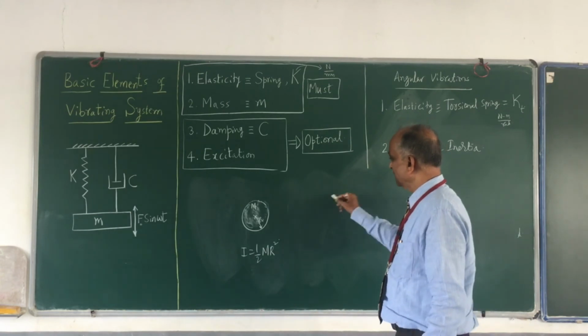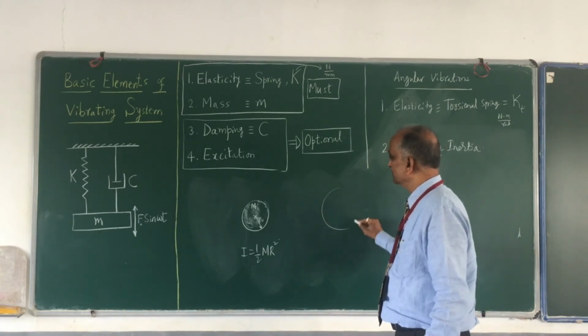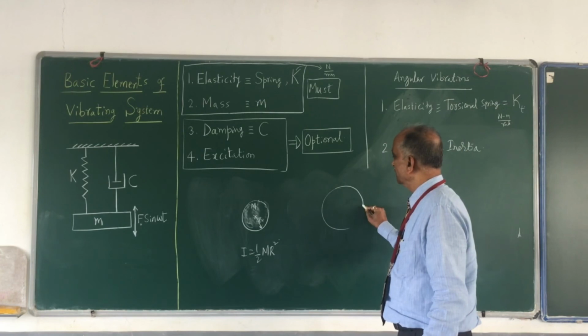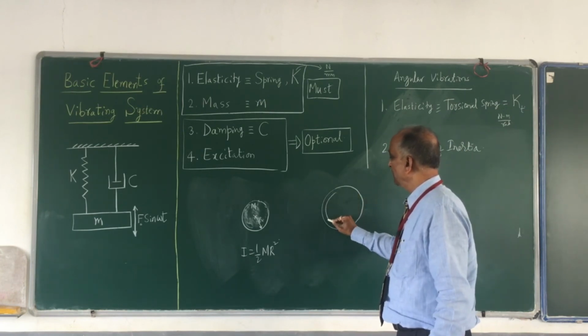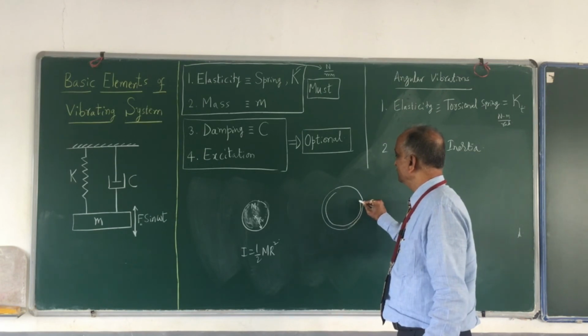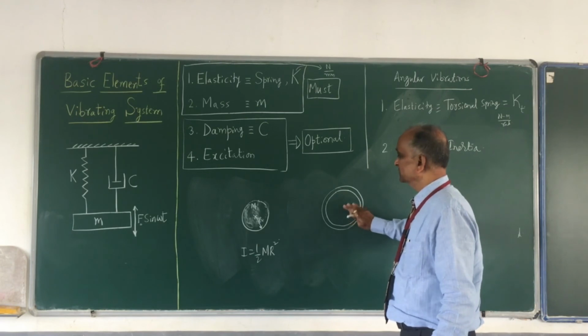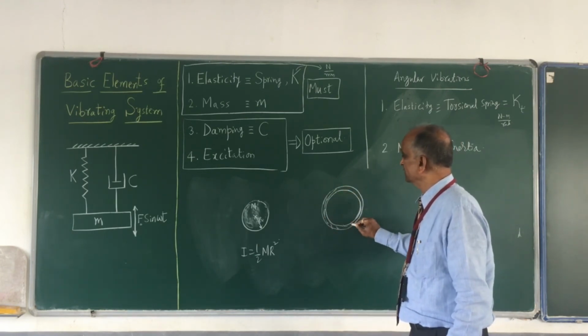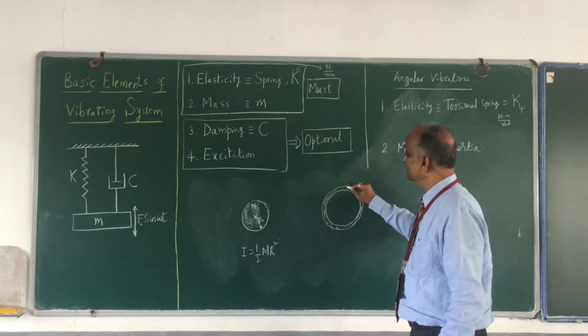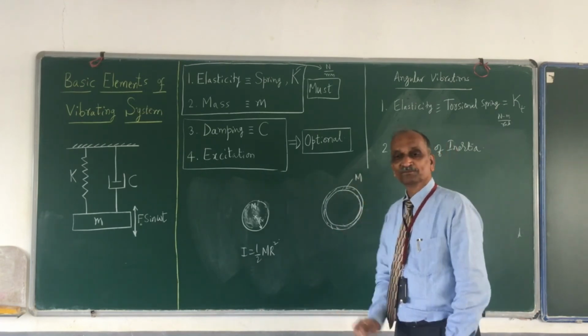Similarly, now I have another disc. This is what is called a rim type. Rim type means the mass is concentrated at the rim, and inside there is no matter. This is all hollow. All the matter is here only. The mass of this also is m.